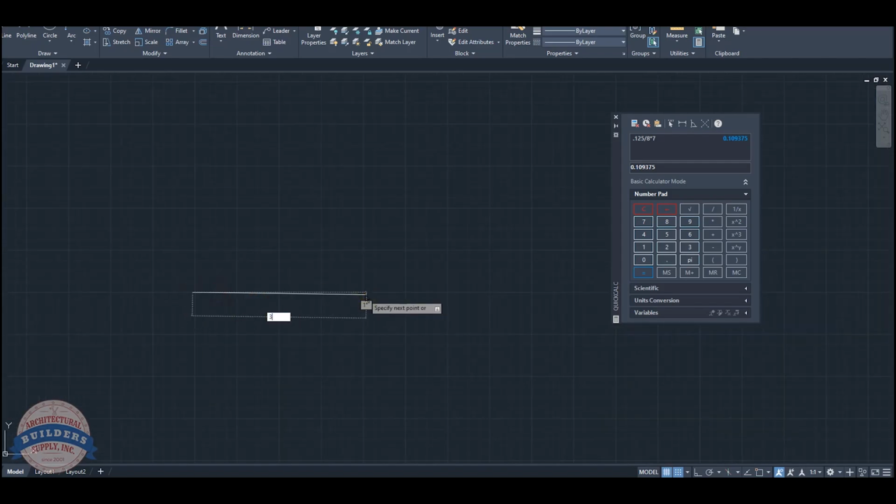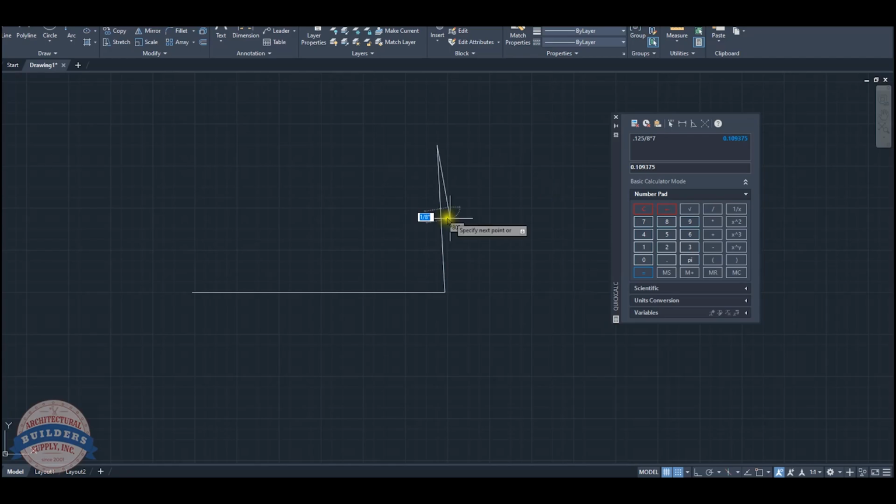Say that line is 3 inches long, 0 degrees. Let's draw another line now, 1 3/4. But this time, let's put it at a 3 degree bevel.